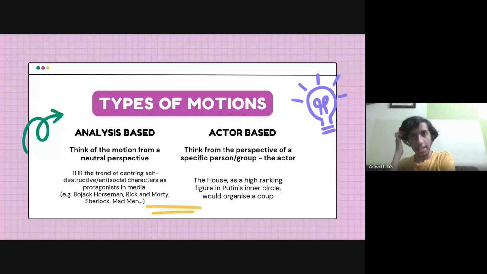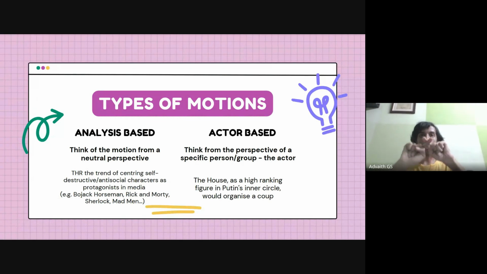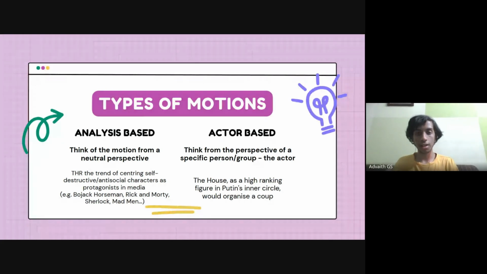On the other side, the onus is on them to prove that even by keeping self-destructive or antisocial characters, people are not negatively affected, right? So you're talking about how all people in general are going to be affected by the central theme in this motion, right?